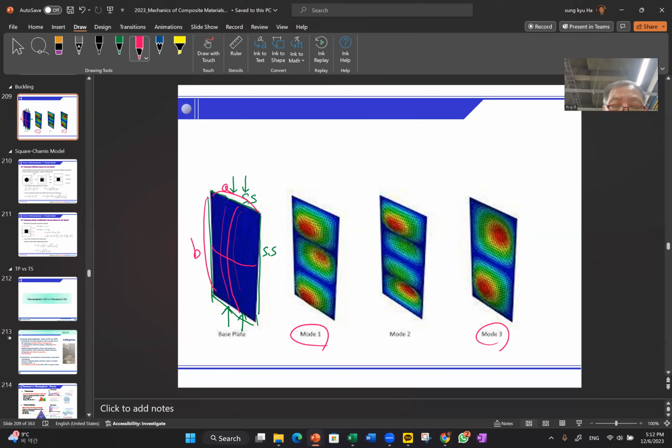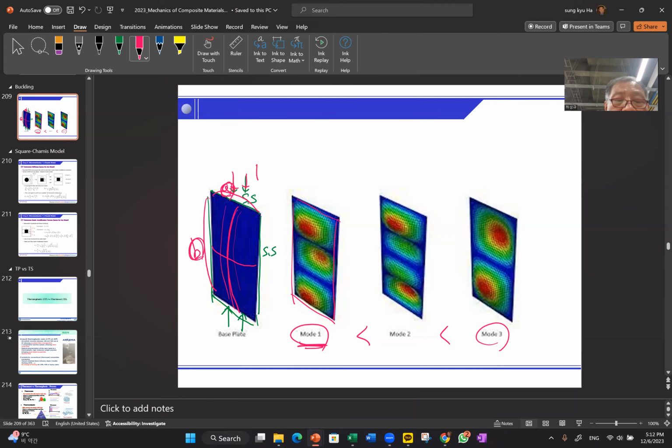So the lowest buckling load will be the practical one. The point is that this may buckle in the real world, not this one, not that one. Well, this is not always the story, but the buckling mode and buckling load depend on the length ratio.